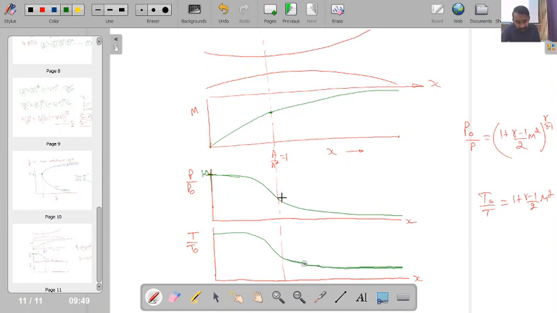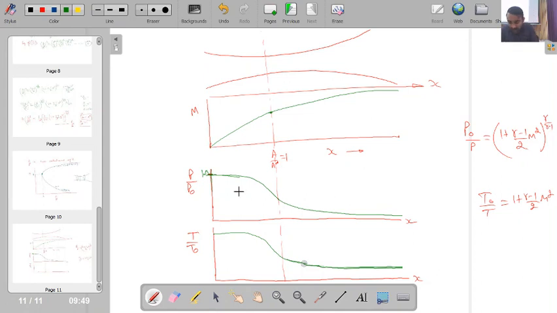Important point is what is the value of P by P naught at A by A star equal to 1. So corresponding to A by A star equal to 1, Mach number will be 1. I will be having sonic situation. So I can calculate for Mach number equal to 1 the value of P naught by P. How much is this coming? Please calculate: 1 plus gamma minus 1 by 2, power gamma by gamma minus 1.